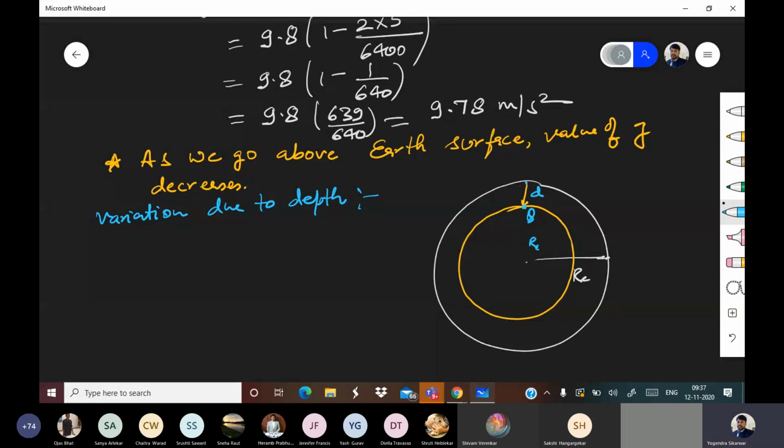Now suppose the total mass of Earth is ME, and the mass inside will be this much, and suppose that is M in.